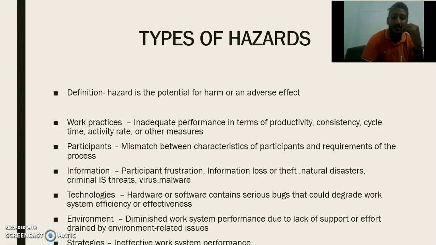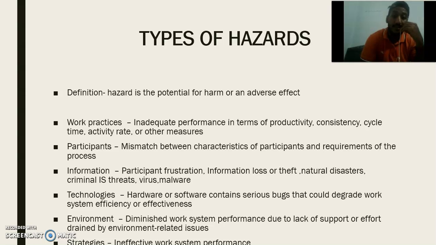Information hazard occurs when there is inadequate information quality, accessibility, presentation, and security, which affects participant frustration and causes information loss or theft, natural disasters, and criminal information systems threats, viruses, and malware.